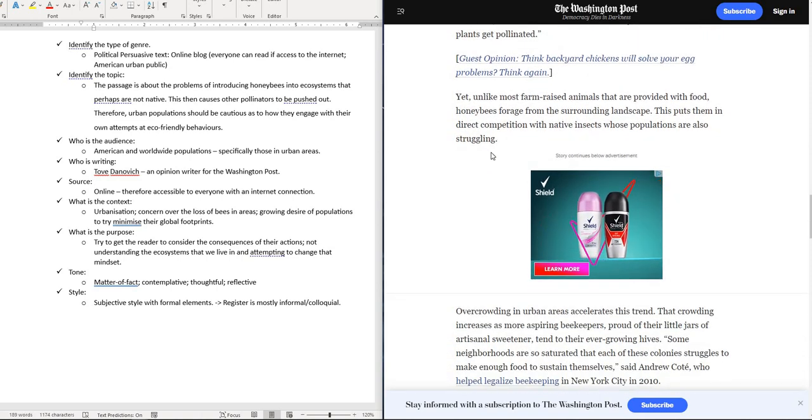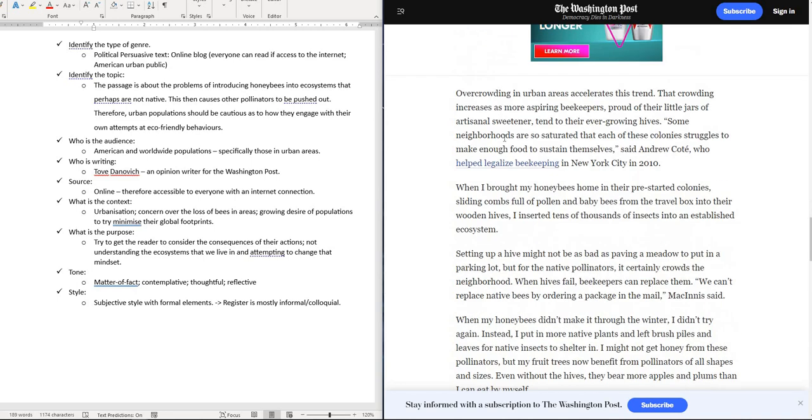And then we get that idea of the food source, not enough content going around, a struggling population. Again, that urbanization idea coming in with the overcrowding, the crowding increasing. These two phrases are there to bring forth a particular sense of anxiety and concern and worry.